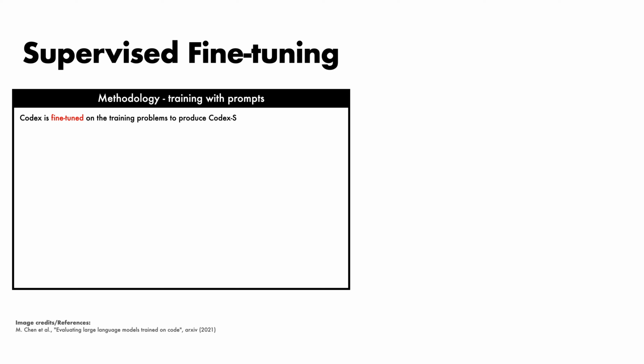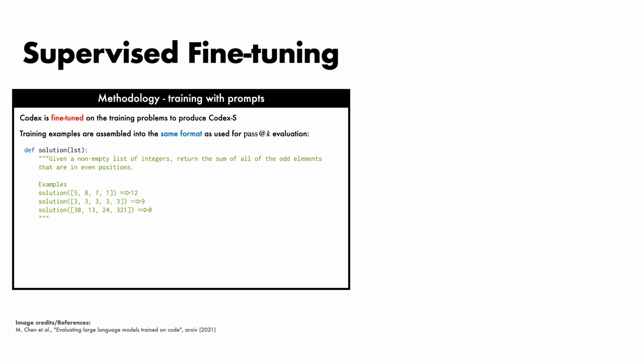Once the data has been prepared, Codex is fine-tuned on these problems to produce Codex-S. This is done by assembling the problems into examples exactly as we did before when computing the pass@k metric. This means that for each example, we provide a function header and docstring specifying a function to be implemented, and the model is required to produce the desired implementation.